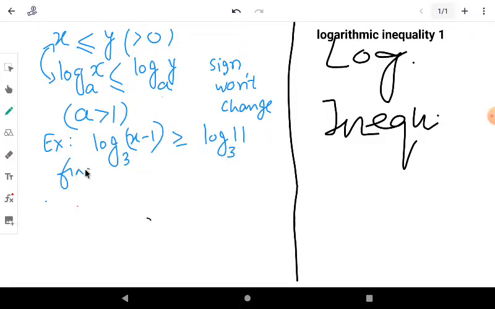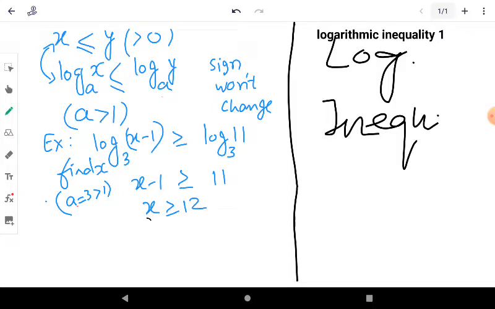The question is, we have to find x. So using this property, we can remove log both sides, and which sign will come here? Since base is 3, which is greater than 1, the sign which will come here would be greater than or equal to. So x minus 1 is greater than or equal to 11, so x is greater than or equal to 12.